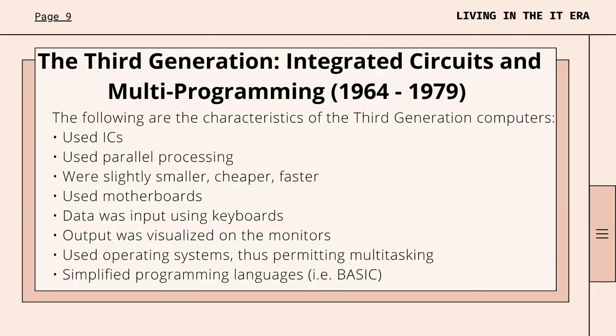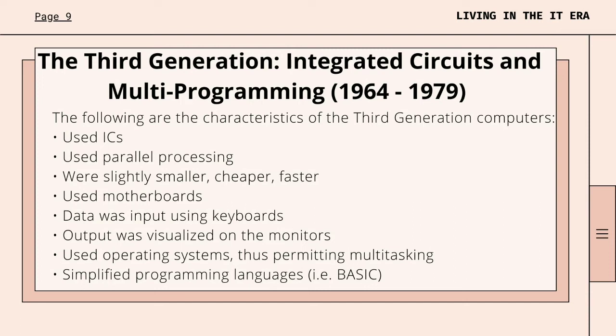The third generation of computers used integrated circuits and could multi-program. This generation dated way back 1964 to 1979. The following are the characteristics of the third generation computers. First, it used ICs. It used parallel processing. Were slightly smaller, cheaper, and faster.